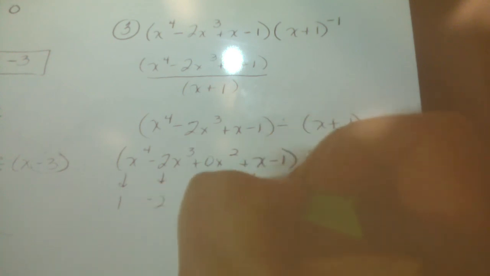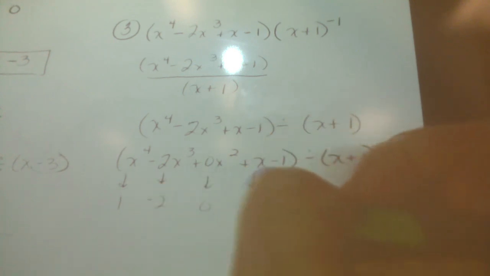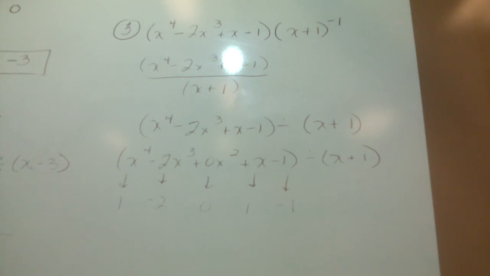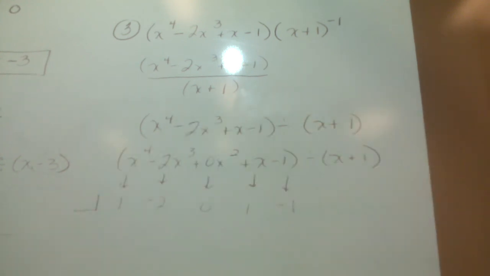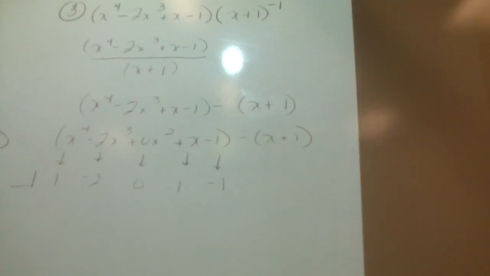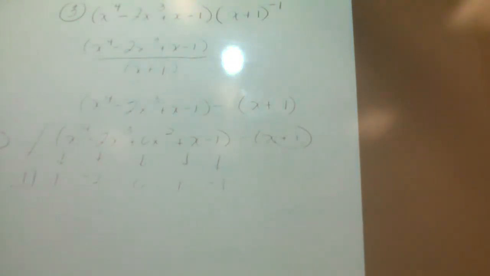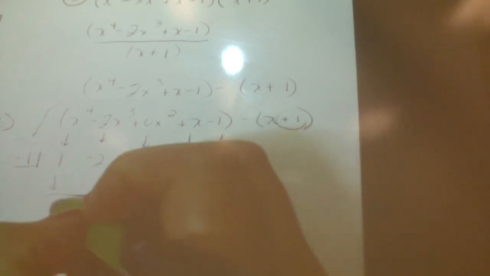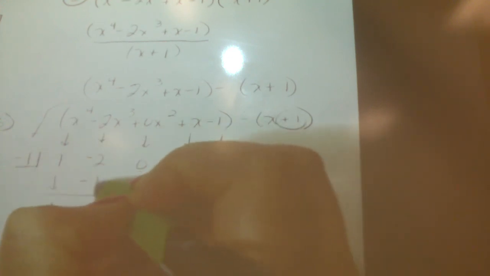Okay, let's bring down these numbers. I've got 1, -2, 0, 1, and -1. I've got my box over to the side. Now this is a positive 1. I'm going to take the opposite, which is a -1. I'm going to bring down this 1 again. -1 times -1 is a -1.